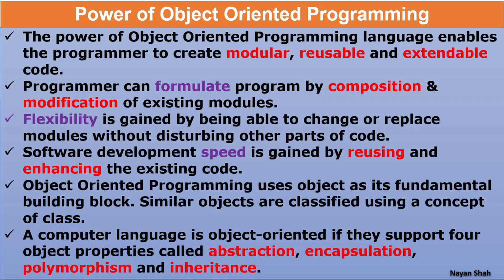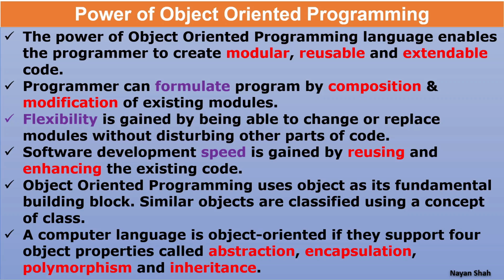Object-oriented programming uses the object as its fundamental building block. So at the center of the programming is always an object and we write the program around that object. Similar objects are classified using the concept of class. When there is more than one object of a similar type, it is classified under the concept of a class, and we will see what a class is and how it is related to an object.